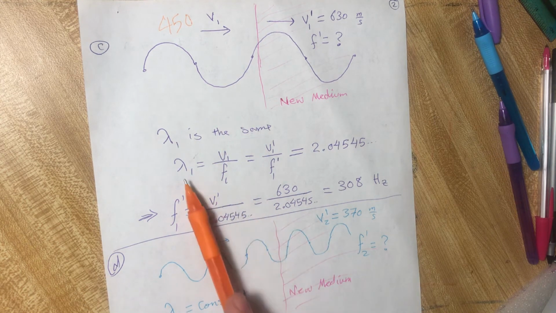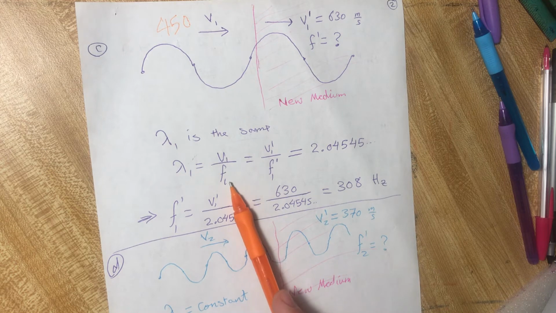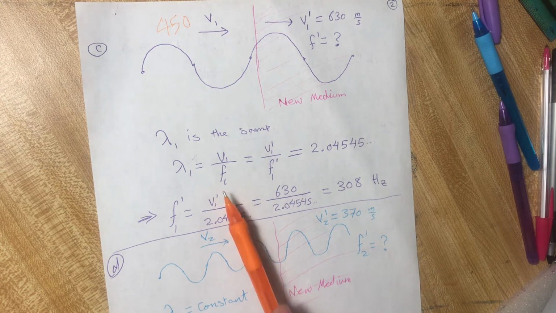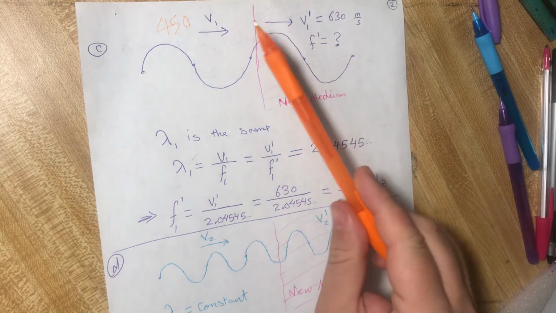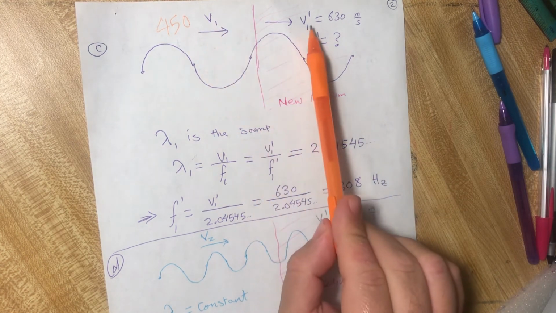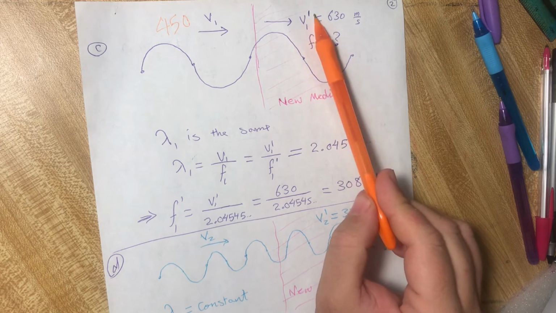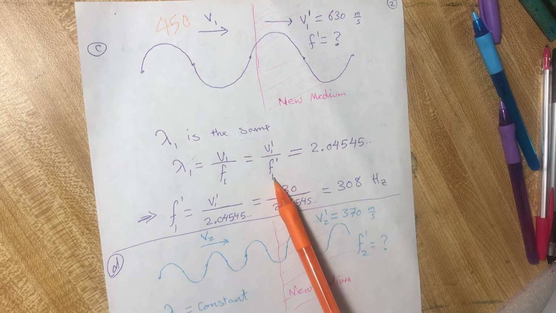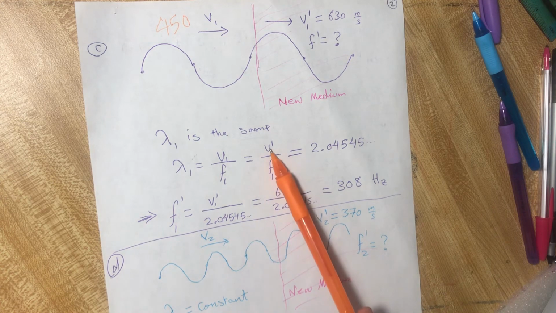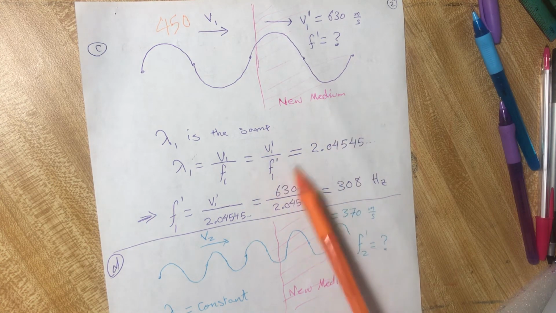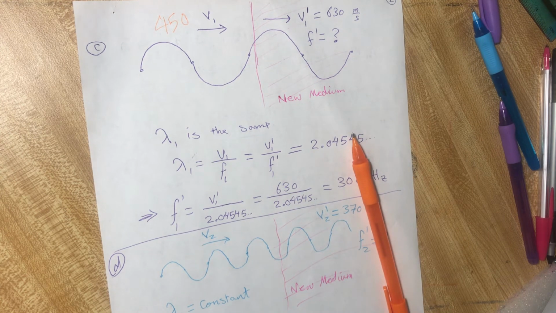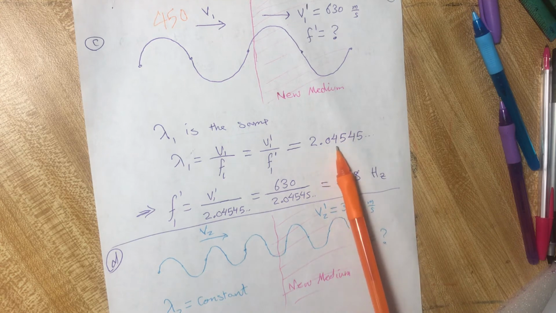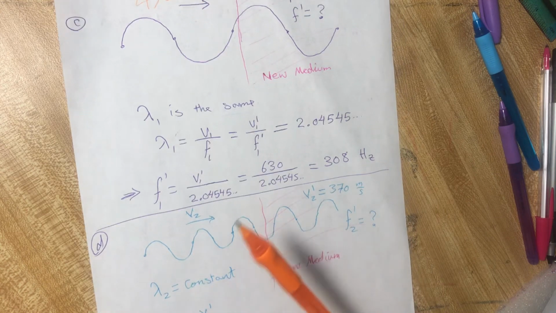Okay, the wavelength lambda is the same in both mediums. Lambda is equal to v1 over frequency f1. Assume that we name the velocity after entering the medium v1 prime. So v1 prime over f1 prime. If v1 and f1 in the new medium are changed, and the wavelength is the same, 2.04 and so on.